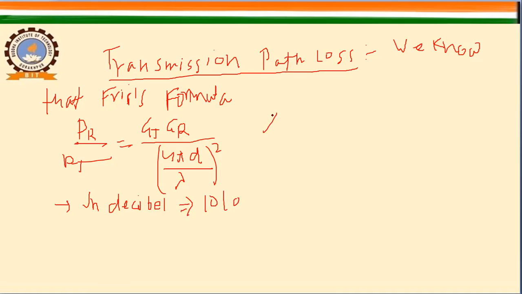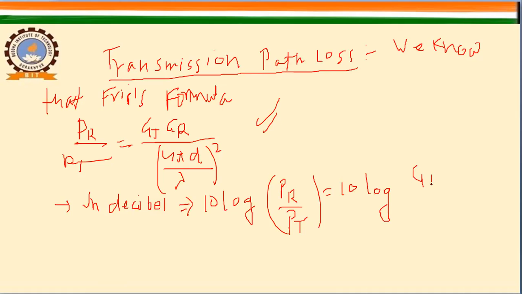We take the log of these equations. 10 log of P R to the P T is the 10 log of G T by G R to 4 pi D square of whole D square lambda.